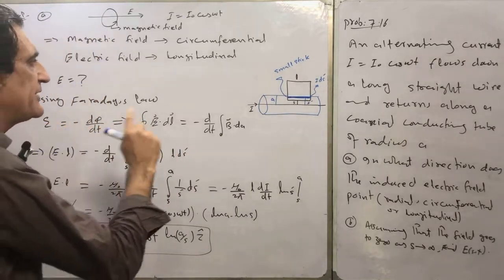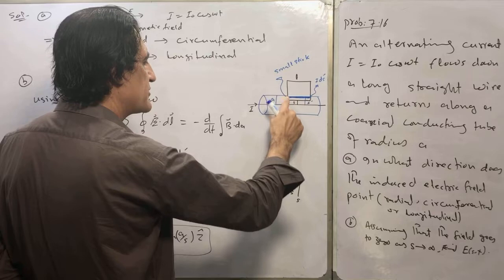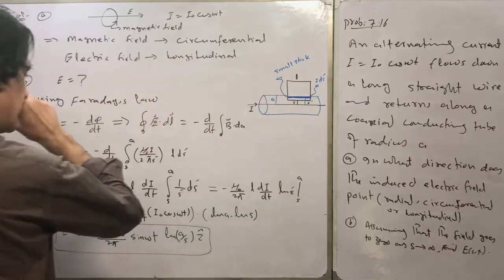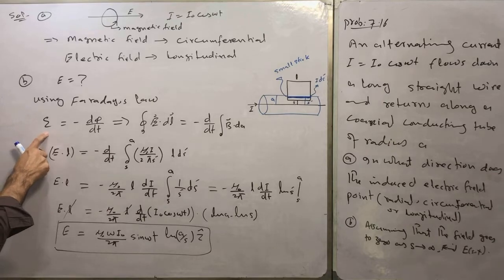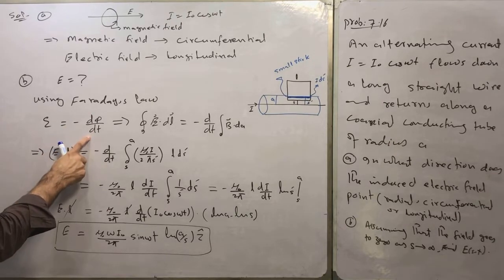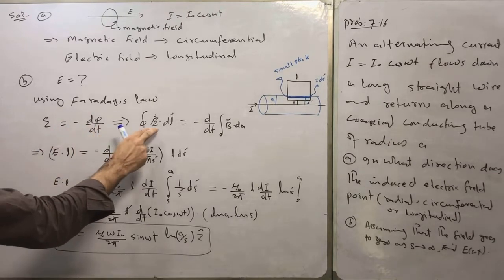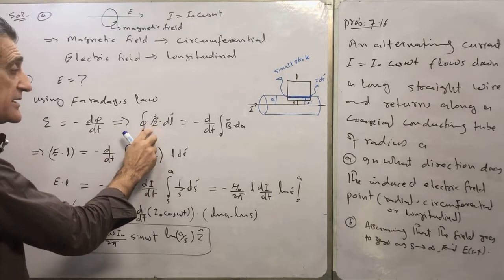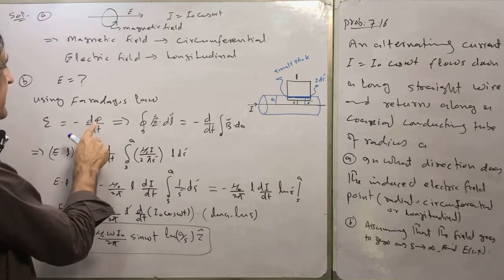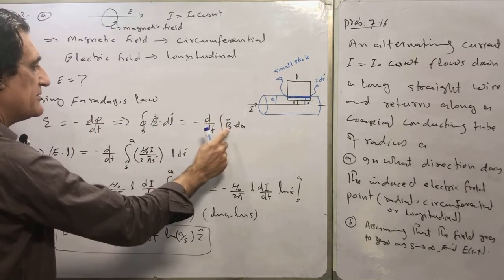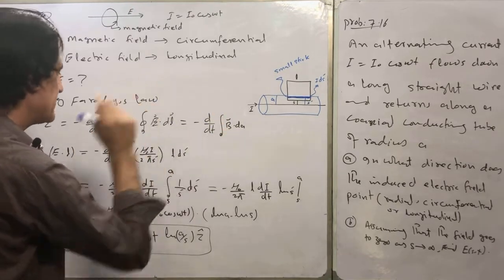If we consider here a square loop and use Faraday's law, E dot dl is equal to minus d phi divided by dt, where phi is the integration of B dot da.